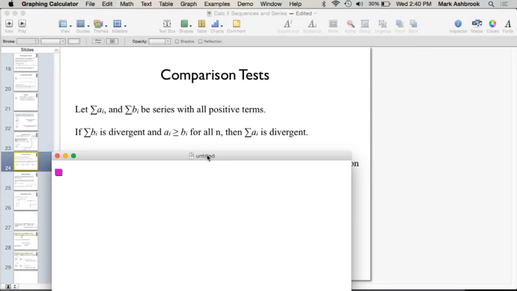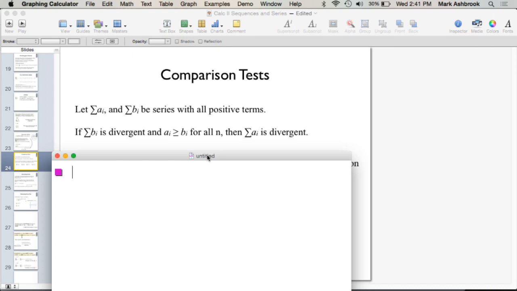Comparison test: if you have two series with positive terms, a_i and b_i, and you know that the series b_i is divergent, and you also know that every term of a_i is greater than or equal to the terms of b_i, then does it make sense that you could say a_i is also divergent?